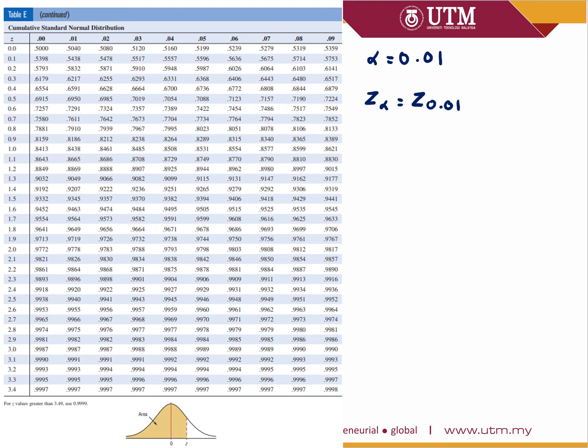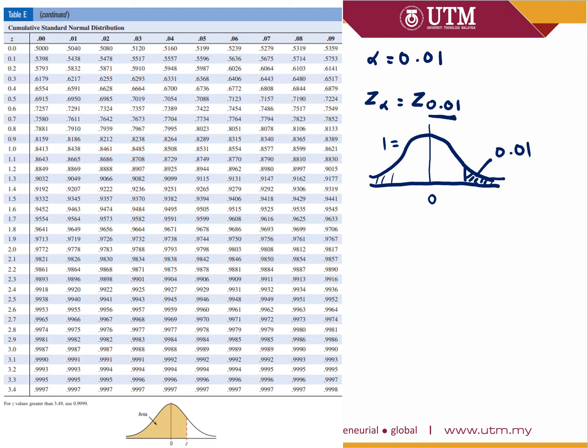Z 0.01 tells us that we want to find the Z score that has 0.01 area to the right. In the standard normal distribution, the middle is 0, and the total area under the whole curve equals 1. So 0.01 to the right is a very small area.